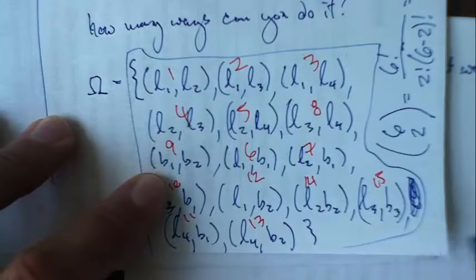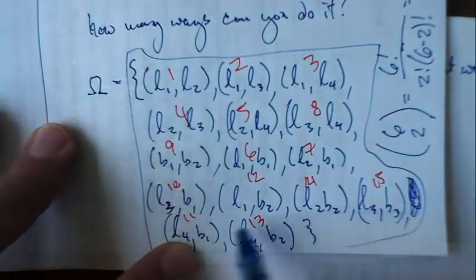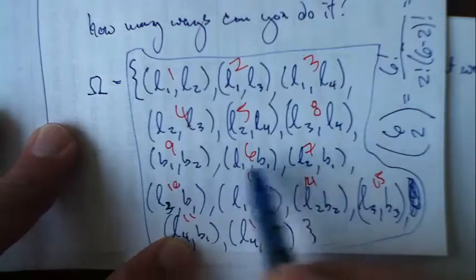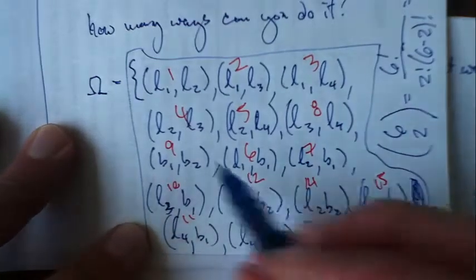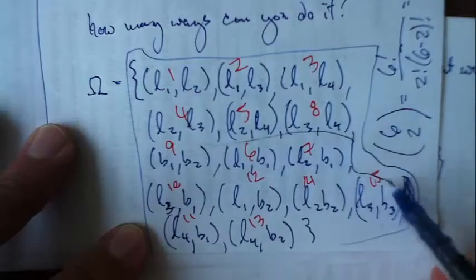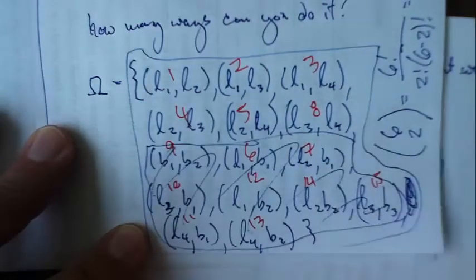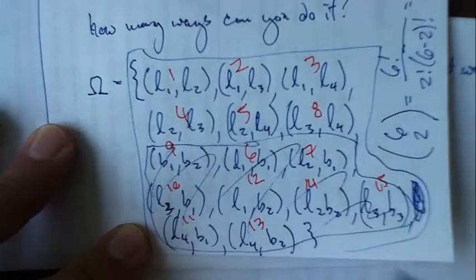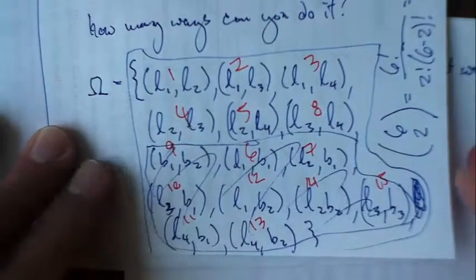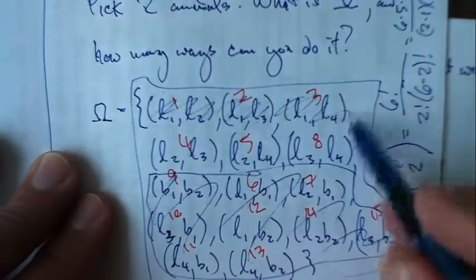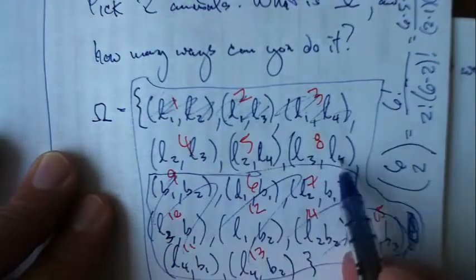So I'm going to be looking at all the ones with B's in them. Here they are, all the ones with B's. Those are in this event, and also wherever I've chosen the first lion. So none of these work.